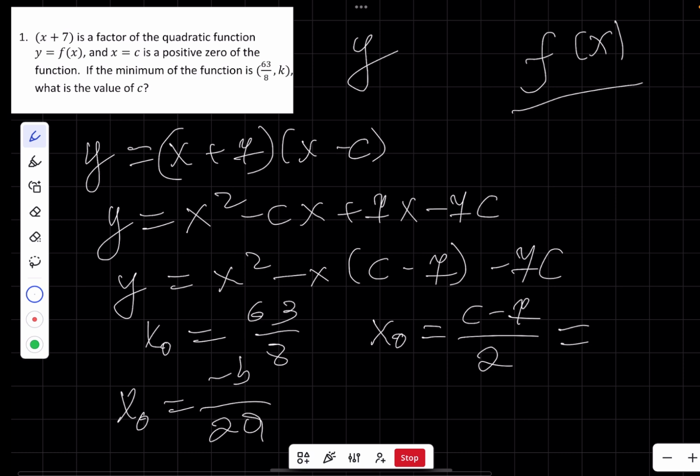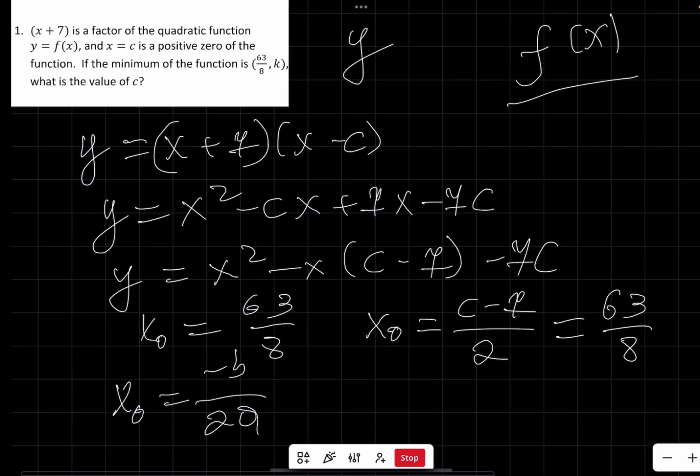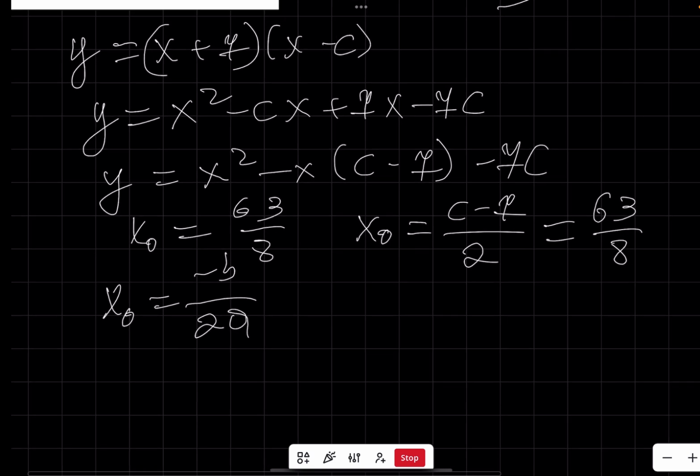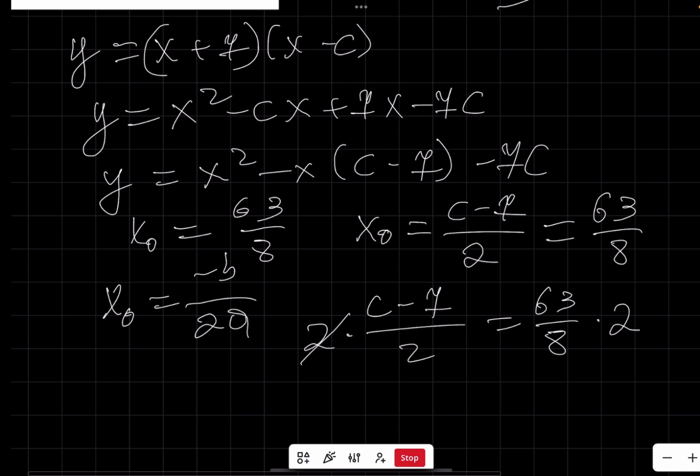So we put the numbers in and then we have this. Now I can write it like this: (c minus 7) over 2 is equal to 63 over 8 because x0 is equal to 63 over 8. And now we just have to solve this equation. We can multiply both sides by 2. Now these are gone. This gives us 4.